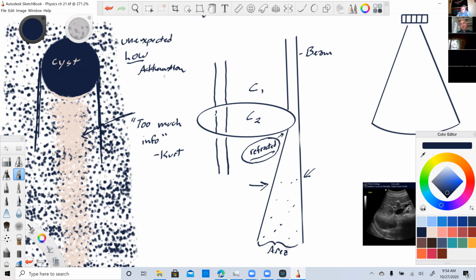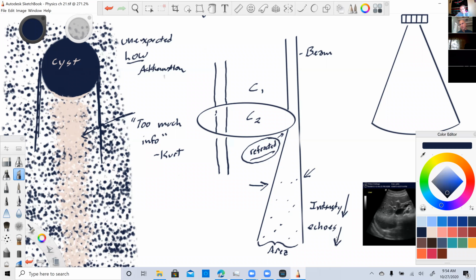The area spreads out, intensity goes down, and therefore echoes go down as well.